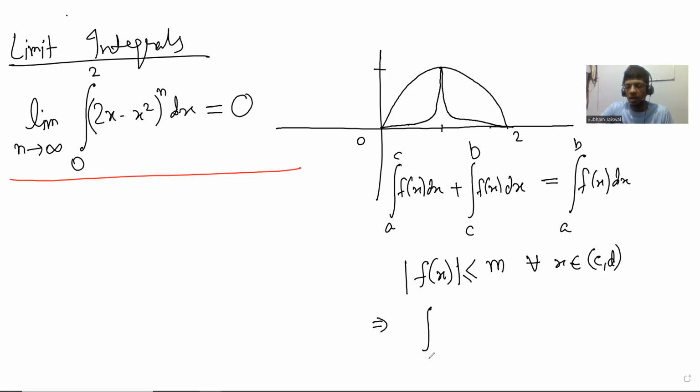That implies that the integral, because most of the integrals cannot be computed, we need to use properties to talk about them. The only ones that can be computed are the ones that we do till class 12 mostly. So the integral from c to d of f(x) will first of all be less than the integral of mod f(x).